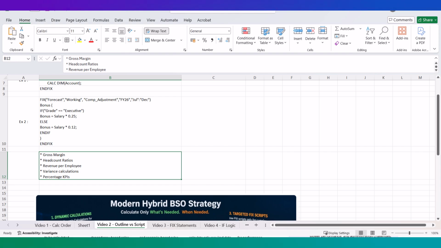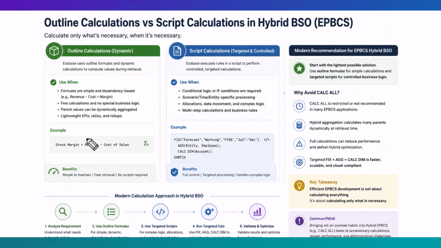So the modern best practice for EPBCS hybrid BSO is to start with the lightest possible solution. That is, by analyzing the business requirement, and if possible, use the outline formula if we are able to achieve it in the outline itself.